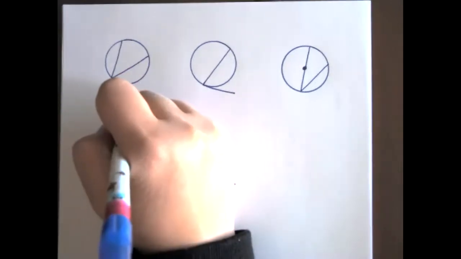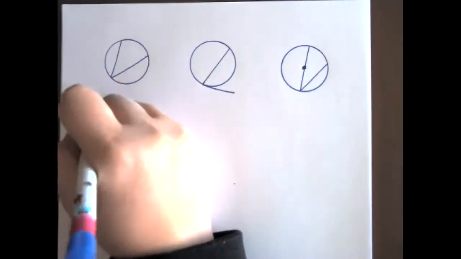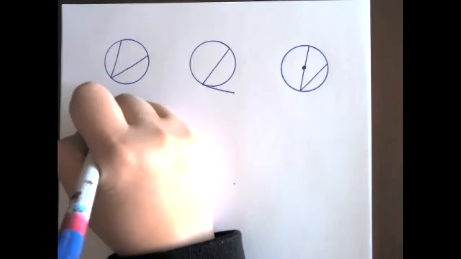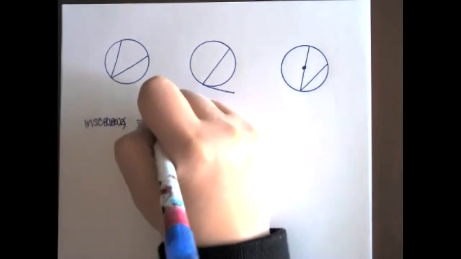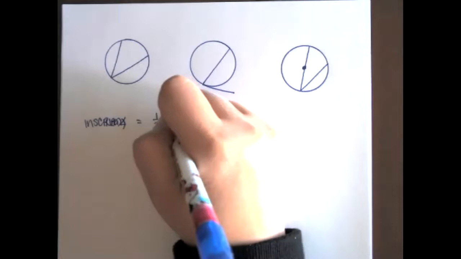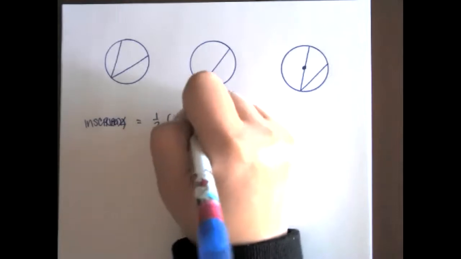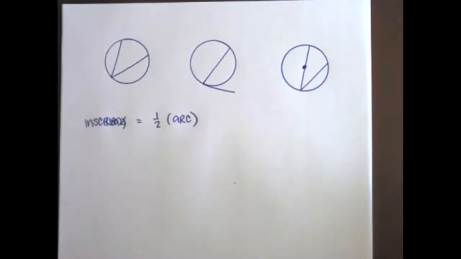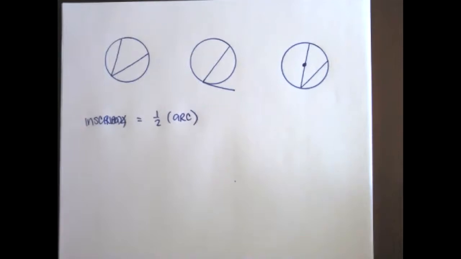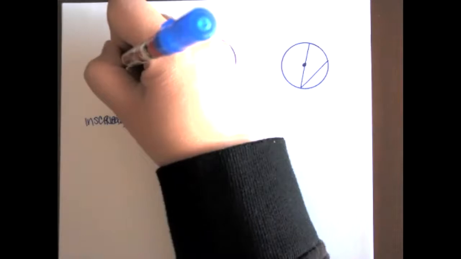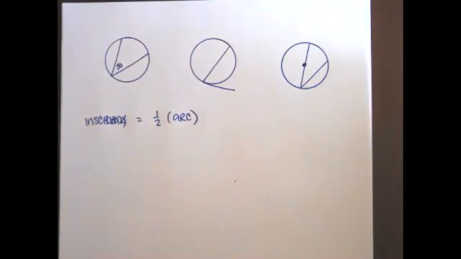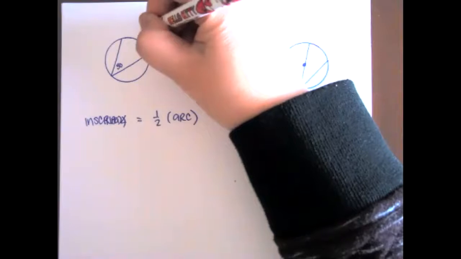The relationship for an inscribed angle: the inscribed angle is half the intercepted arc. So if, let's say, this angle is 30 degrees, that means the arc is 60 degrees.